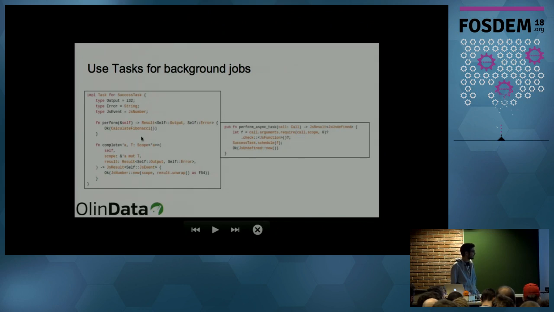I forgot that. So you would have a perform function that you do whatever needs to be done in that thread, and then you will also get a call when it's completed, and then you can convert the results to the JavaScript values in there, or throw an error. And running it is quite easy. You just call the schedule method of your object.